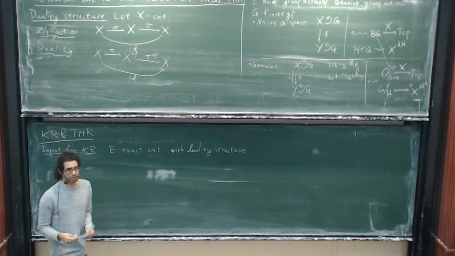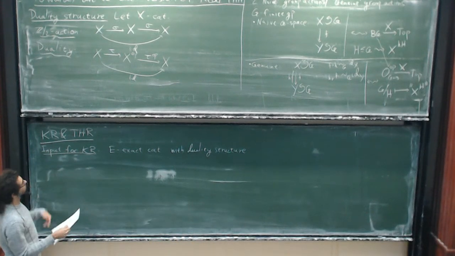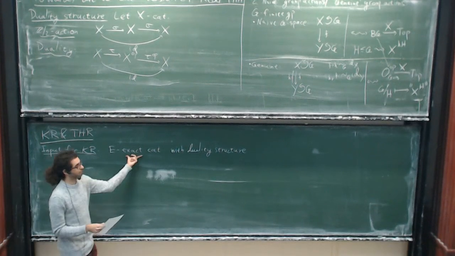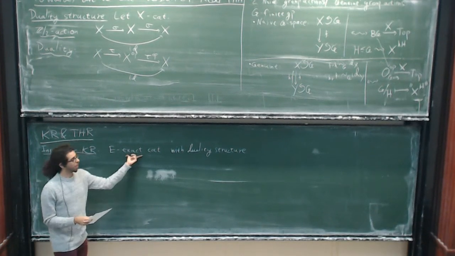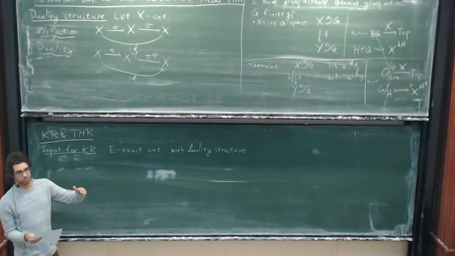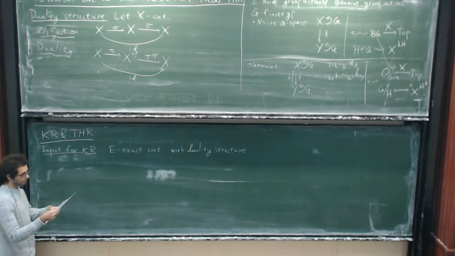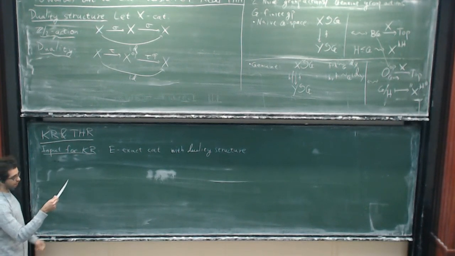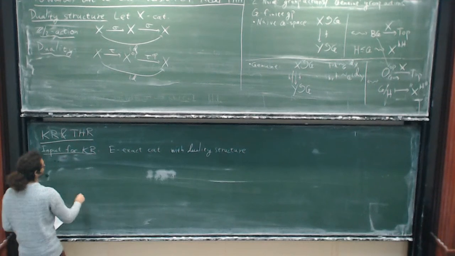What is it? It's a functor from E to E op, and E op still has an exact structure, and this duality structure just needs to be an exact functor. This is the input for real algebraic K-theory, and what is the output?